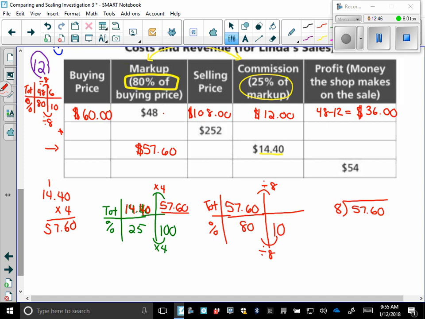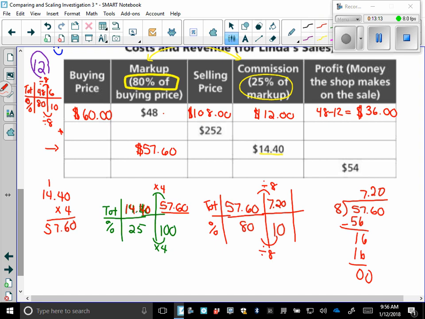8 goes into 57, 7 times, so 56. 7.2, right? Because we have a 0 here. So 10% is $7.20, but we want what? 100, right?